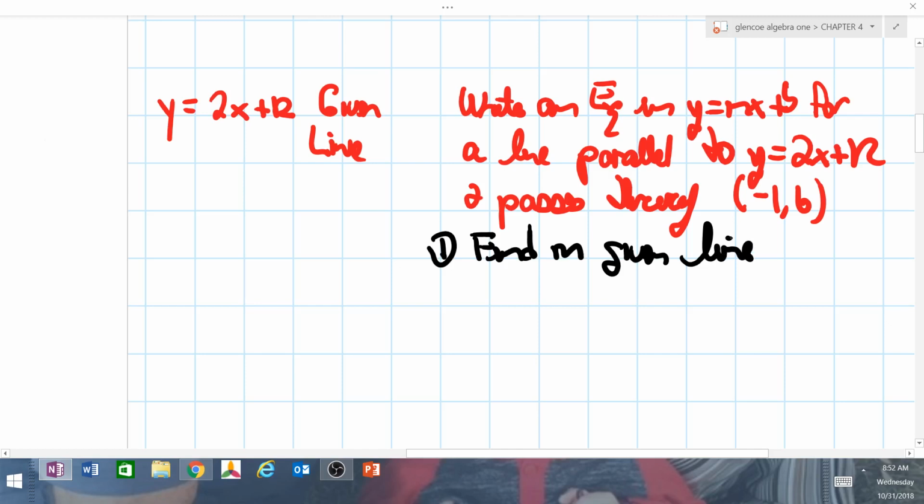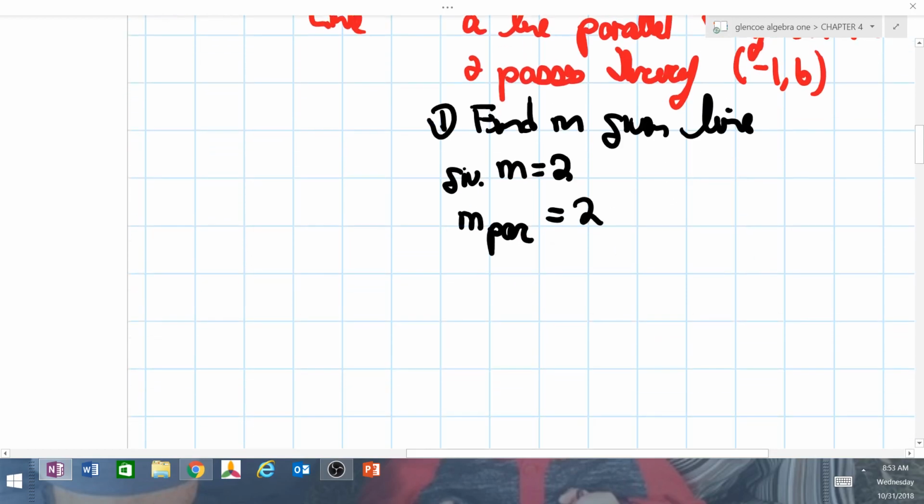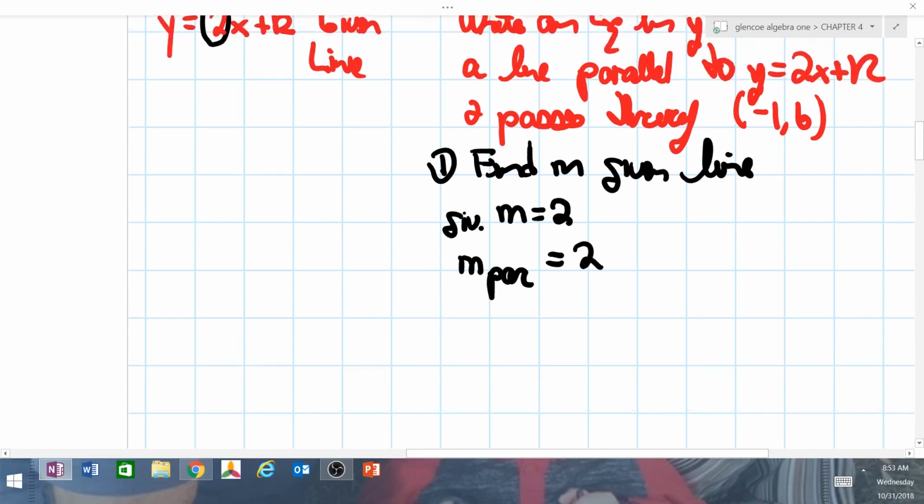What's the slope of the given line, guys? Okay, so this is the given. What's the slope of a line parallel to the given line going to be? Okay, so now I have basically everything I need. I have the slope and I have a point. Are you with me? Pretty simple. It's not that hard.